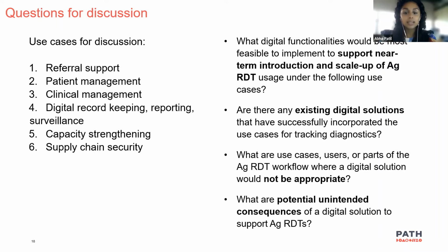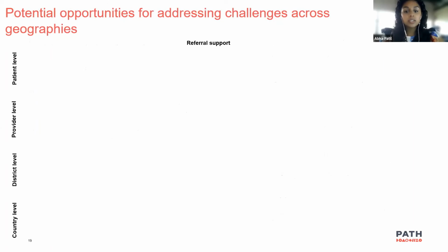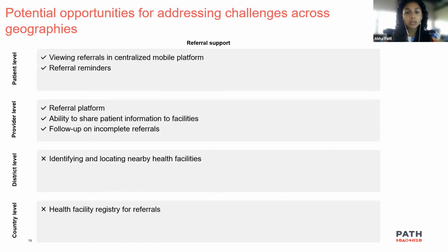All right, so we'll get into a bit more of discussion. So the first use case is for referral support. Here we've just mapped out the use case and the 4 levels of use where it could potentially be implemented: first at the patient level, at the provider level, at the district level, or at the country level.